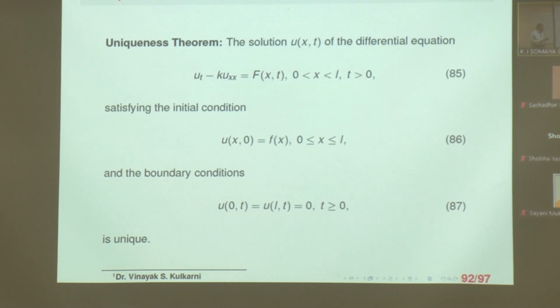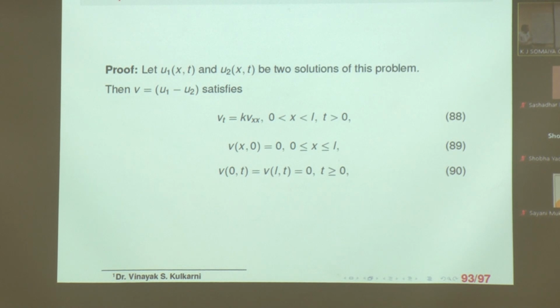The proof is not that difficult, it is very simple. Again, let me explain. This is a non-homogeneous problem: an internal heat source term is there, a non-zero initial temperature is there, and zero boundary conditions, meaning at the boundary the prescribed temperature is 0. So, like our traditional uniqueness proof, suppose u1 of x,t and u2 of x,t are two different solutions. Let us assume that, and I will consider v equals u1 minus u2.